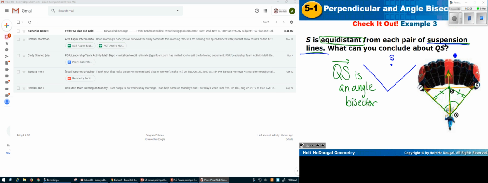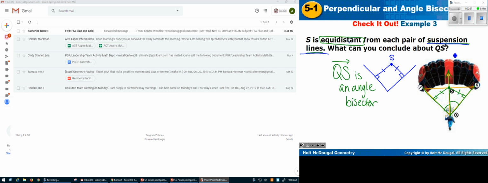So if this point has the same distance, equidistant, from this line and this line, then we have to draw the distances perpendicular to get the shortest distance. And then equidistant means they're the same distance. Does that make sense? Okay.